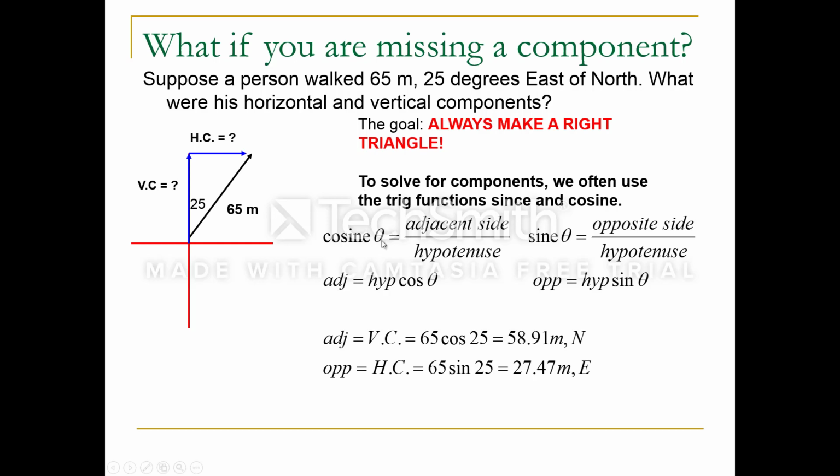Be careful when you're doing sine and cosine. Remember, sine is always your opposite, cosine is always your adjacent. So in this case, my adjacent side is going to be my hypotenuse times cosine of theta. My adjacent side is actually my vertical component.